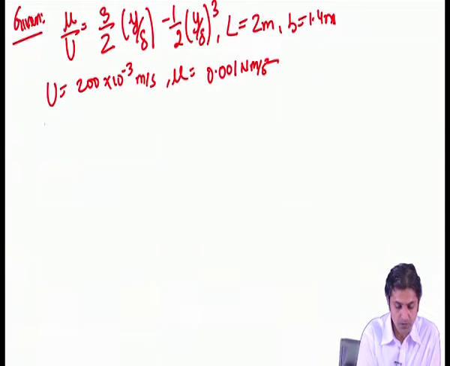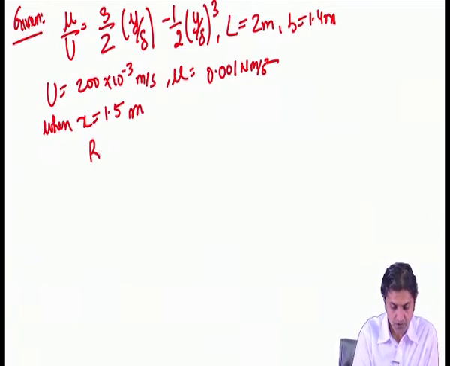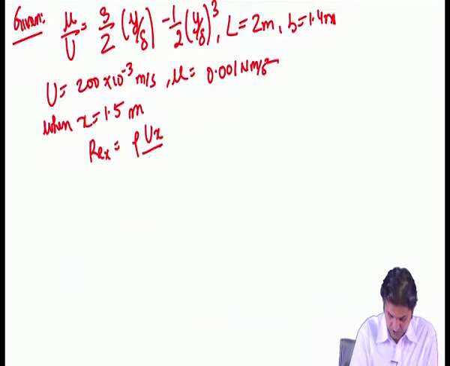So, when x is equal to 1.5 meter, Reynolds number at x is going to be rho u x by mu.